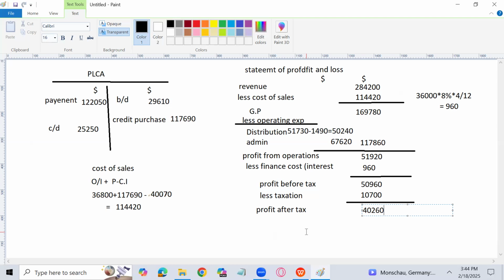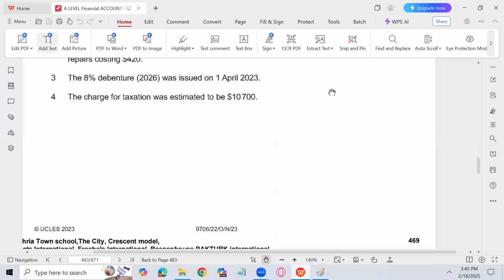Bad debts come in administration cost, and the provision for doubtful debt also comes in administration cost, because it is due to the weakness of the admin department that we are not able to cope and have resulted in bad debts. So administration was not good enough to recover the amount from trade receivables.